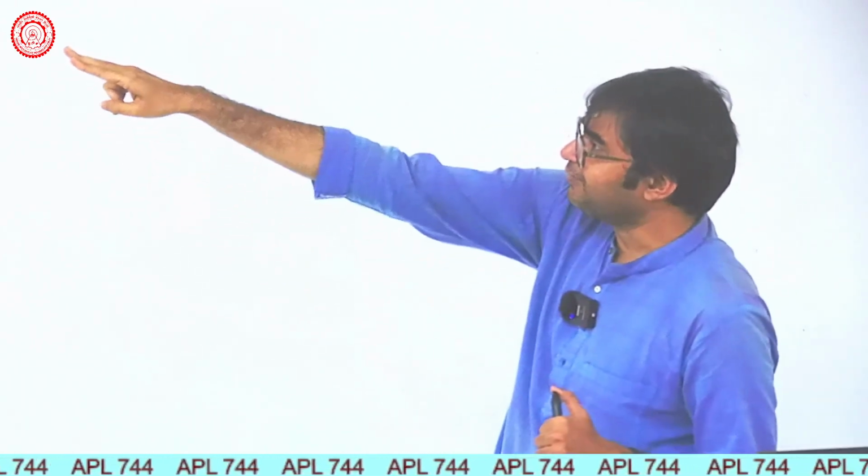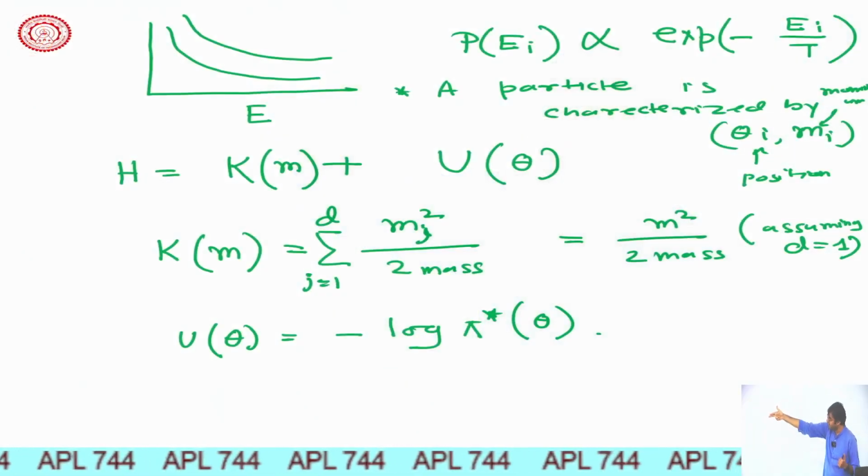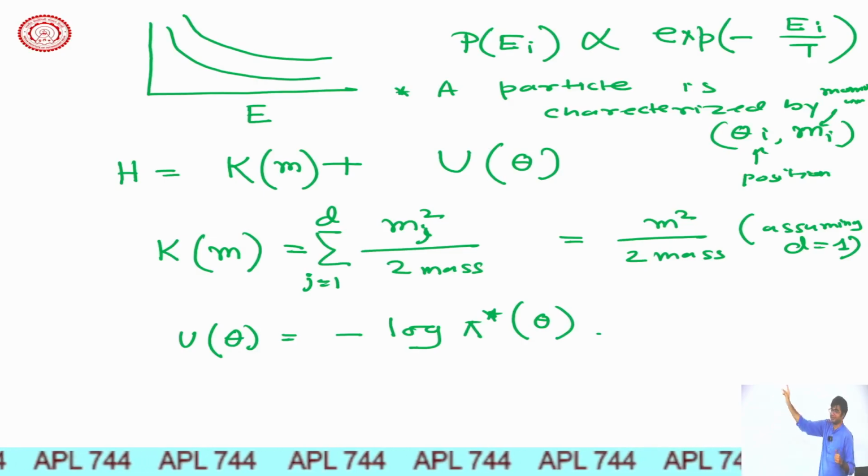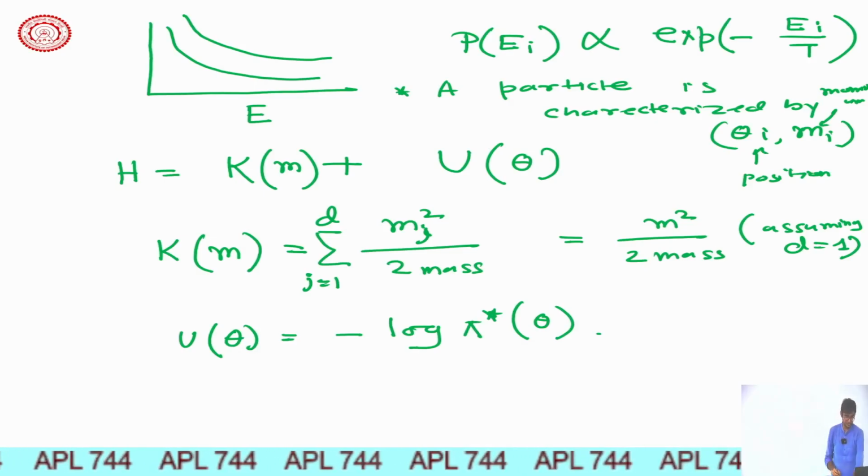And this product form is going to come now when I take it and substitute it there, because for us it is still summation, whereas in that case it is product. So that is going to come because I want to find the probability of EI. How will I do that? I will do Km plus u theta, that is my H, which is E, substitute it there. What will I get if I do that? So let's give some equation numbers.